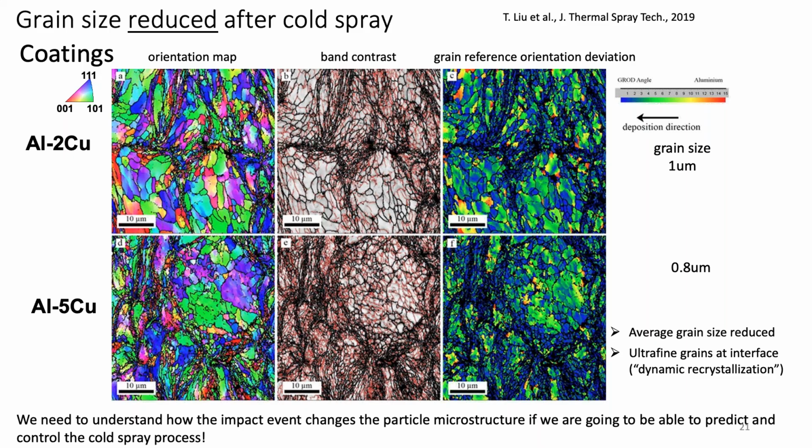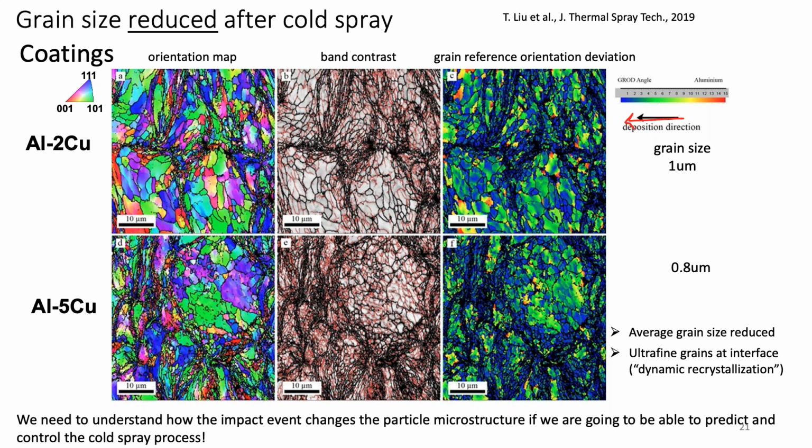Well, EBSD is super useful at doing a better job of both visualizing and quantifying what's going on. So again, 2 weight% copper, 5 weight% copper. We have an inverse pole figure map with respect to the spray direction, which is being shown going from right to left in this case. You can see, again, those ultrafine grains in between prior particle centers.